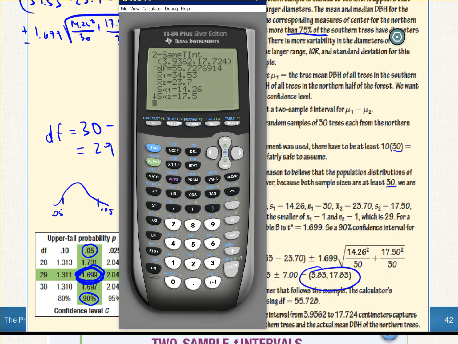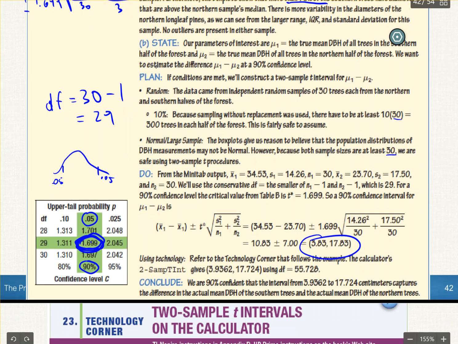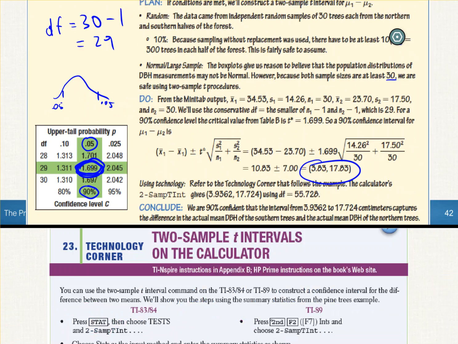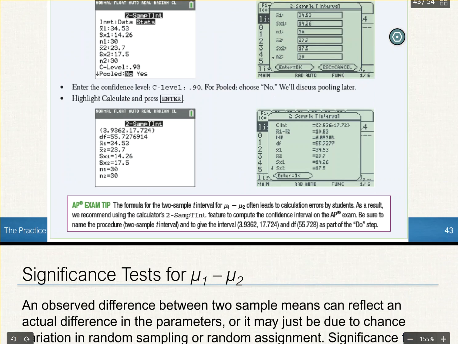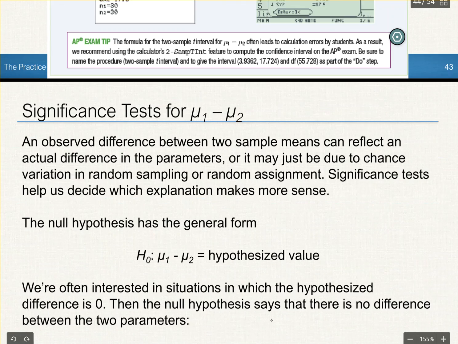So that's a little bit less conservative. That's kind of nice. Again, it's more important to understand what we're doing. The math calculations are not as important because our calculator can do it all.